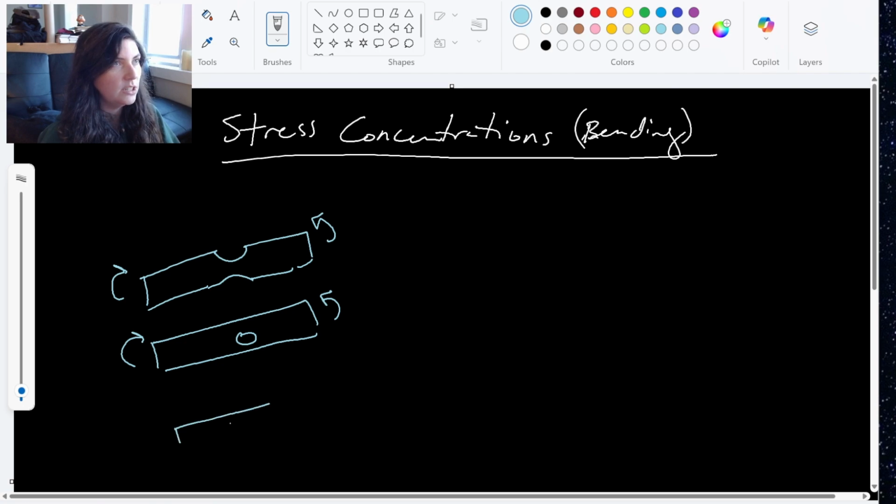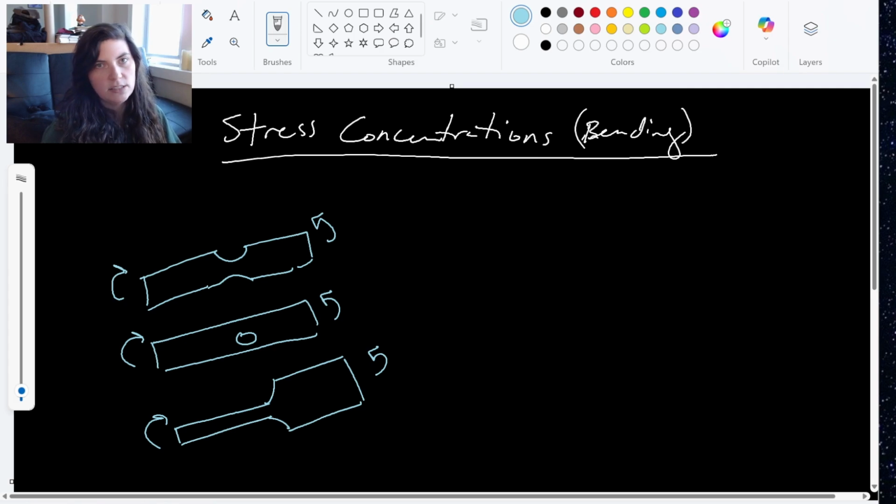Or just as we've seen in our other ones, we could have just a lowering of the cross-sectional area, so going from a wider to a smaller section, usually with shoulders or fillets like this. But these are the typical cases where we see these changes in cross-sectional area that cause these stress concentrations.